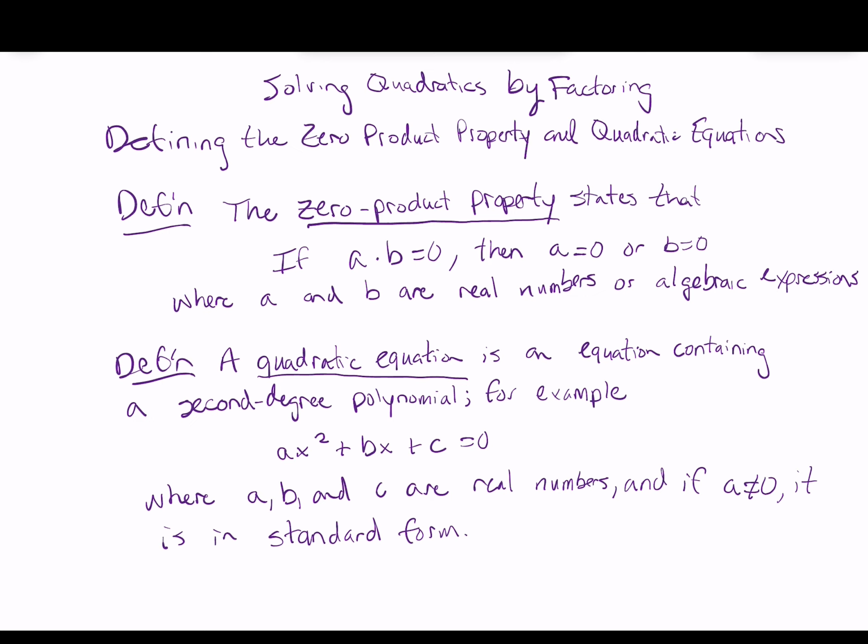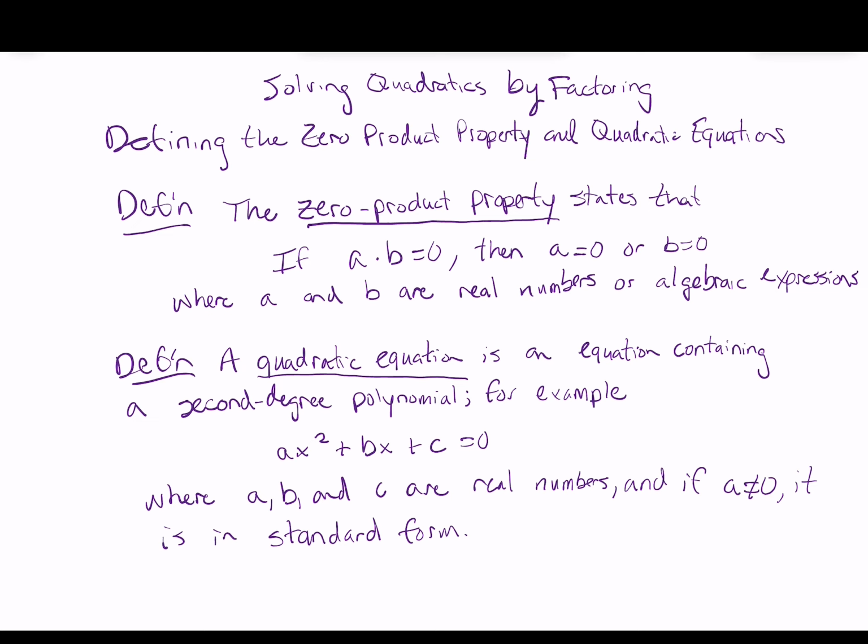If we were able to factor that into the product of two factors equal to 0, then we could set each factor to 0 and solve for x. So that's what we want to be able to do in solving quadratics by factoring.